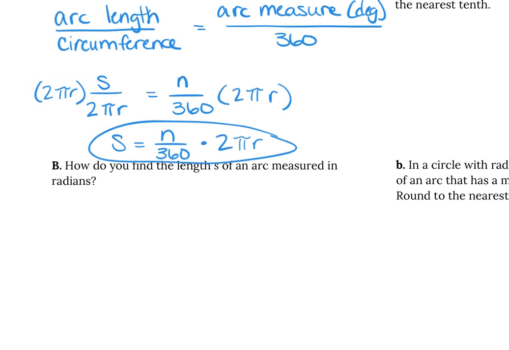Okay, next question is, how do you find the length S of an arc measured in radians? So now we're looking at radians. We know that radians are the measure of the central angle. So to set that up, we would have our arc length.